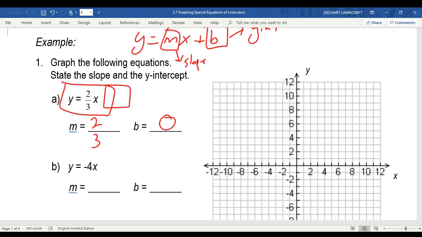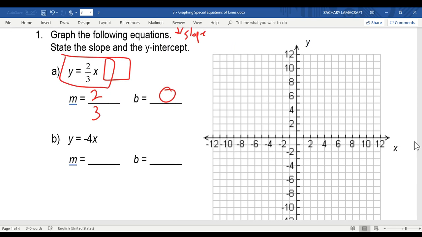So if we went to graph this, where do you think we would put our first point? 0, 0, right? Or the origin, because our y-intercept is 0. So it'd be right in the middle would be our first point we'd do, okay?